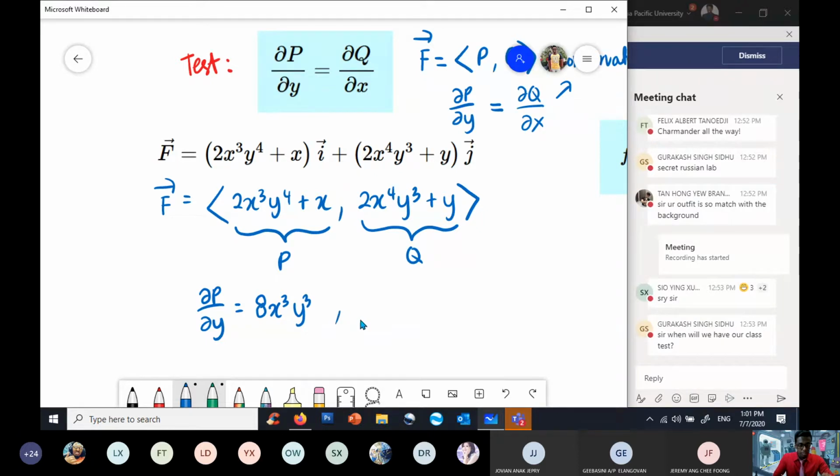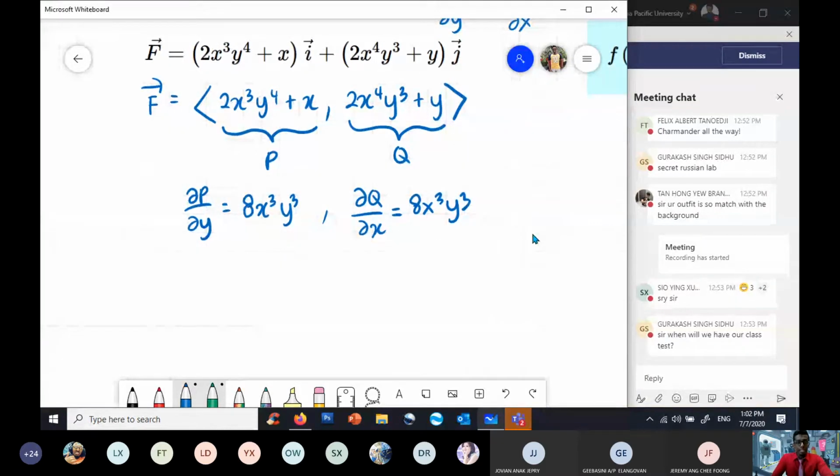So that's that. Now ∂Q/∂x. So now my y is a constant. If I differentiate this, the 4 brought in front, it will become 8x³y³. y is just a constant, you differentiate with respect to x, 0. So this is my ∂P/∂y and ∂Q/∂x. I see that both of them are equal.